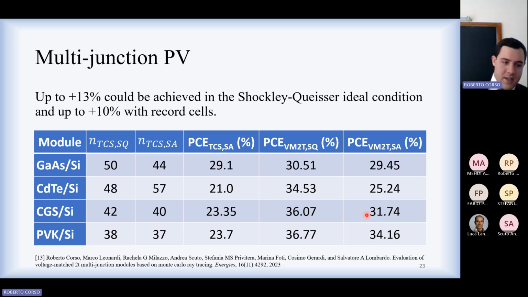In this case, the highest values are achieved with a perovskite semiconductor of about 1.8 electron volt bandgap, and CGS, which stands for copper gallium selenide, a semiconductor with a bandgap value between 1.8 and 1.7 electron volts.